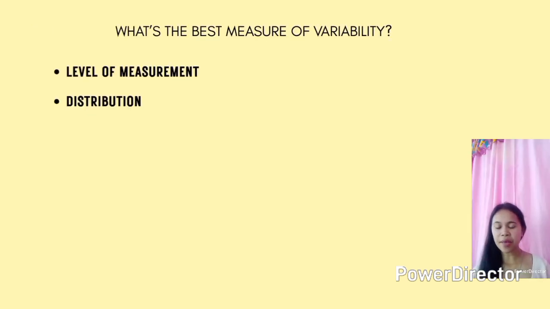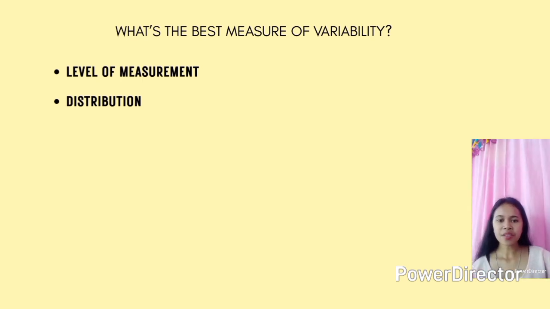So, what is the best measure of variability? The measure of variability depends on your level of measurement and distribution. For data measured at an ordinal level, the range and interquartile range are the only appropriate measures of variability. For the more complex interval and ratio levels, the standard deviation and variance are also applicable.